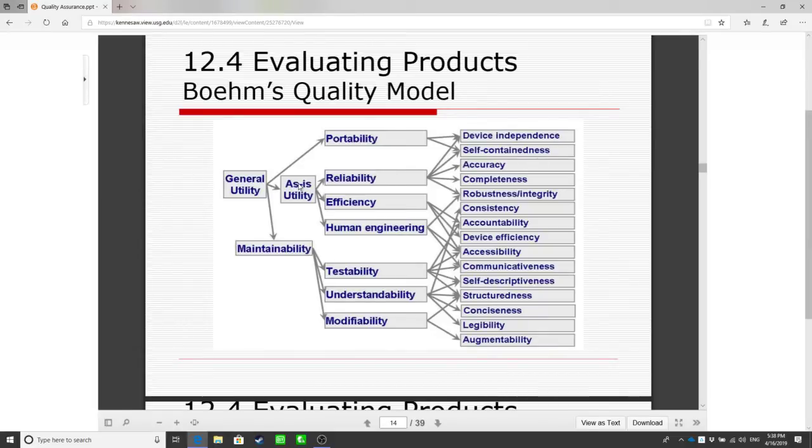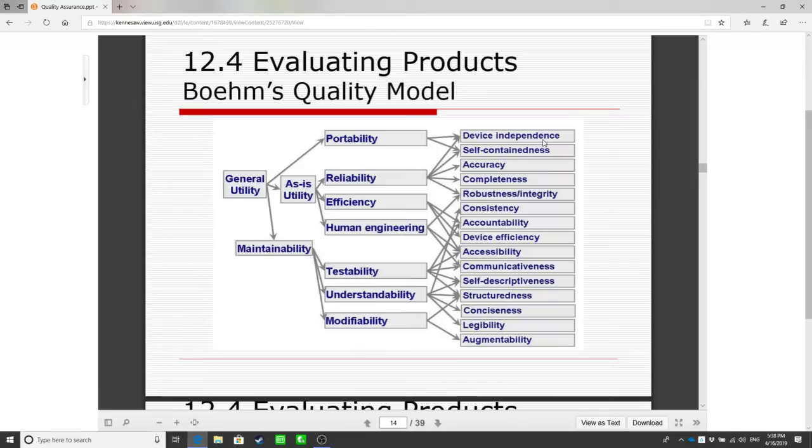Also, within as-is utility, we have the attributes of reliability, efficiency, and human engineering, which all have more attributes trying to describe this top-layer attribute. And those are things we can measure about the quality of this product.